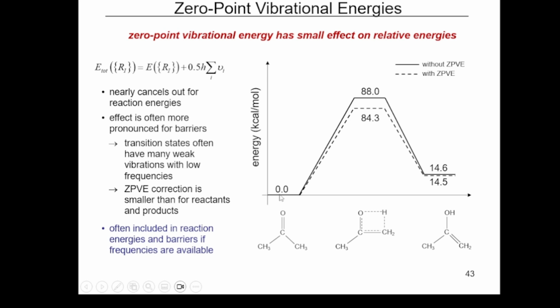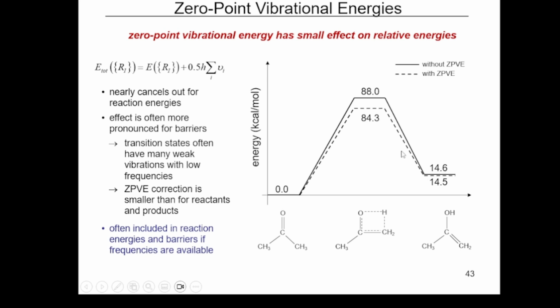You can see here the energy of reaction without zero-point vibrational correction is 14.6 kilocalories per mole. With the inclusion of zero-point vibrational energy, shown by the dotted line here, the energy of reaction is 14.5 kilocalories per mole. Not a big difference, merely 0.1 kilocalories per mole.